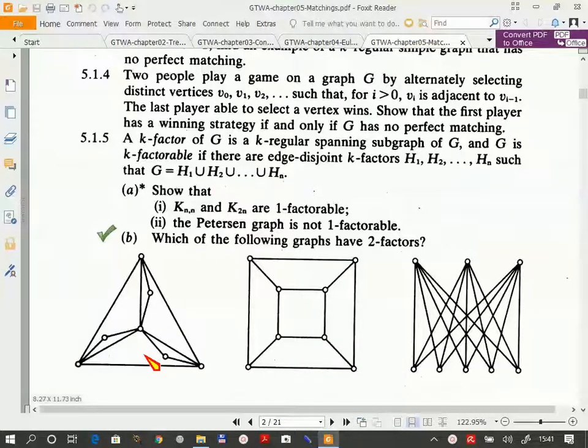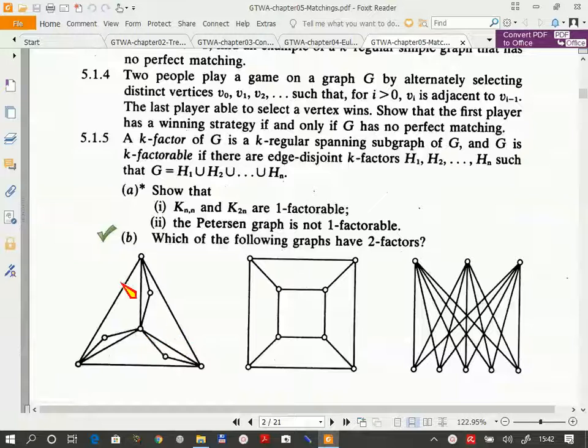I give a reason why not. If you have a 2-factor, then surely you must have these edges here. Why? Because if you have some vertices of degree 2, surely the 2 edges incident to that vertex must be inside the two-factor.